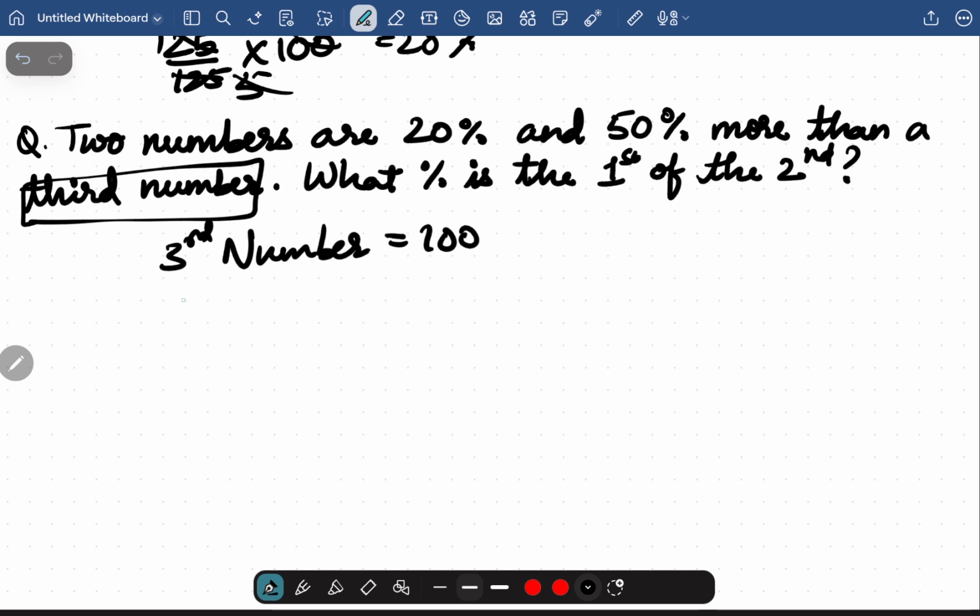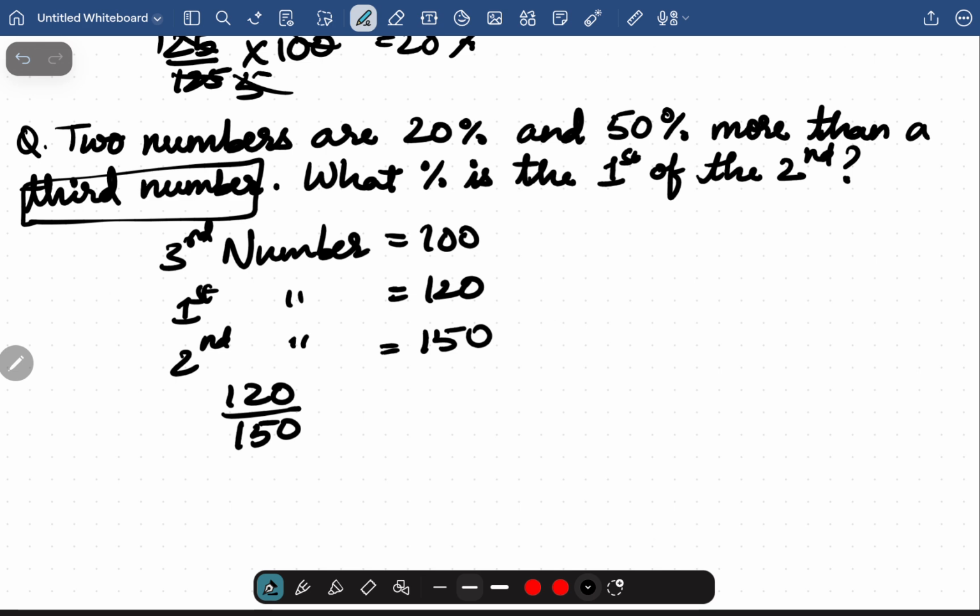So now the first number is 20% more, which means 120, and the second number, 50% more than the third number, is 150. So now what percent is the first of the second? First of the second means the second becomes the base.